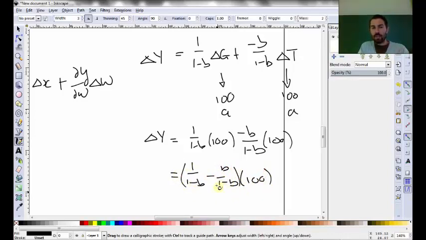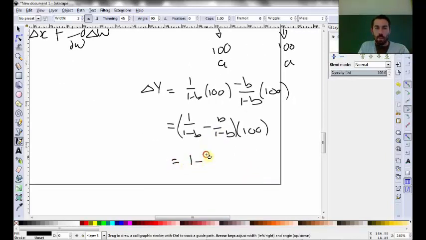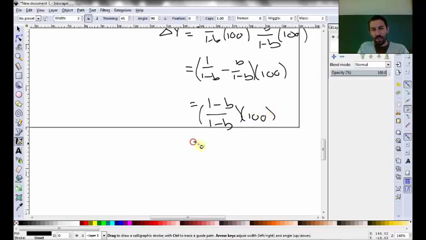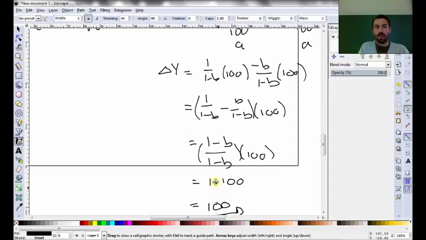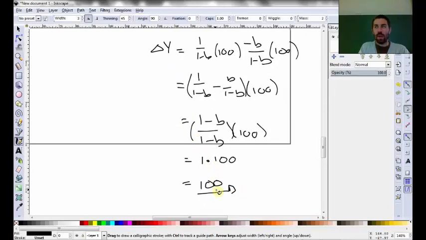I've got a common denominator: 1 minus B over 1 minus B times 100. 1 minus B over 1 minus B is just 1, times 100, which is then the change in Y, 100.